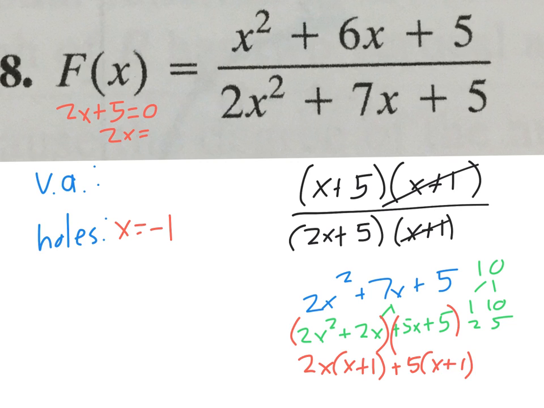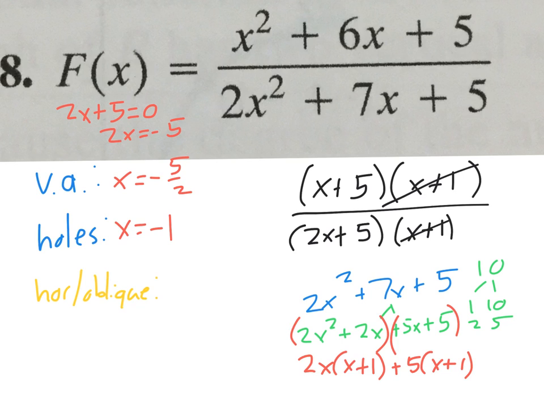That says 2x equals negative 5, which gives me x equals negative 5 halves. So at x equals negative 5 halves, I'm going to have a vertical asymptote. All right? Any questions about those two? Okay. Then lastly, we're going to identify the horizontal or oblique asymptote.